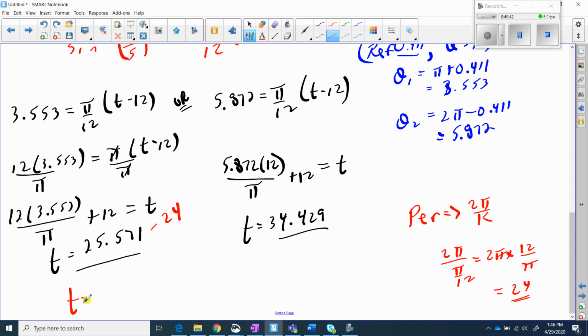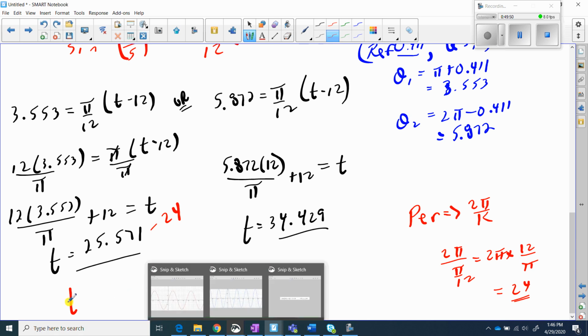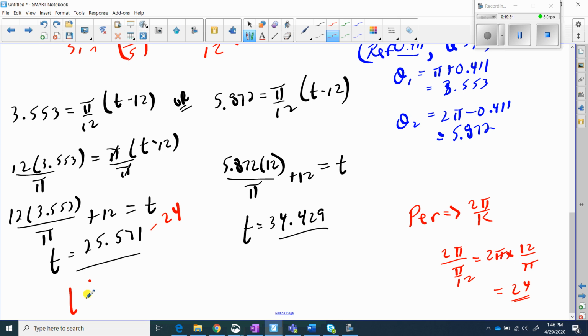So t could equal 1.571. That could be one possibility.